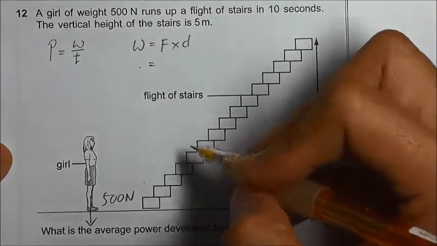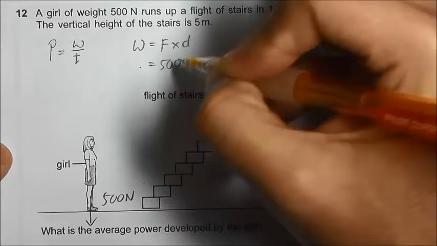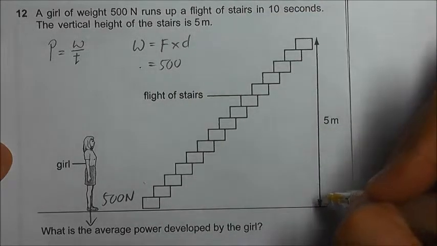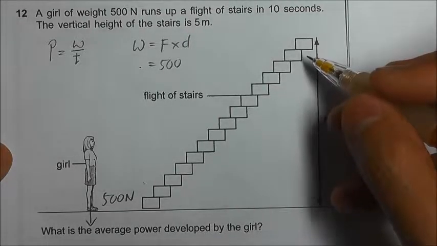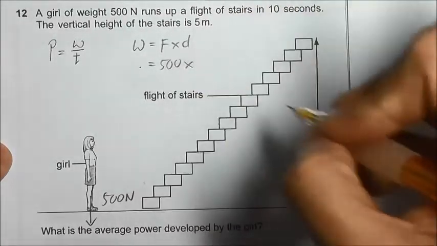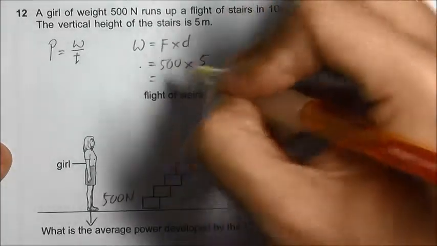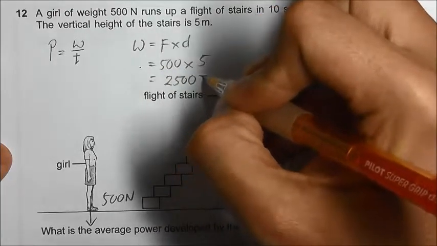She has to apply a force of 500 Newton to overcome her weight. And as she climbs up the stairs, she's actually moving 5 meters along the direction of her weight. So the distance has to be 5 meters. And the total work done will be 2500 joules.